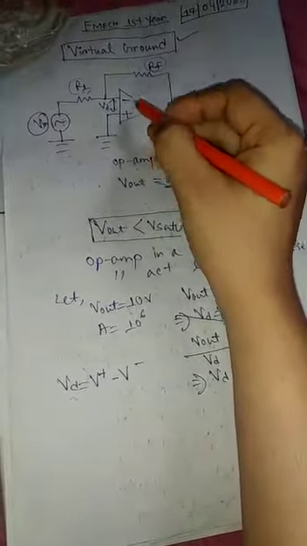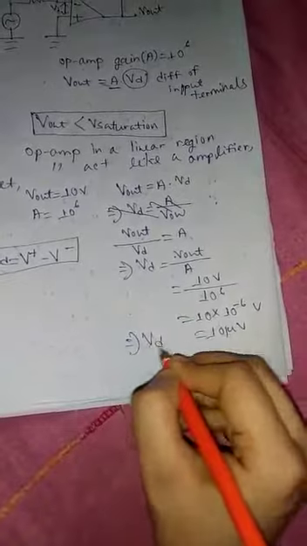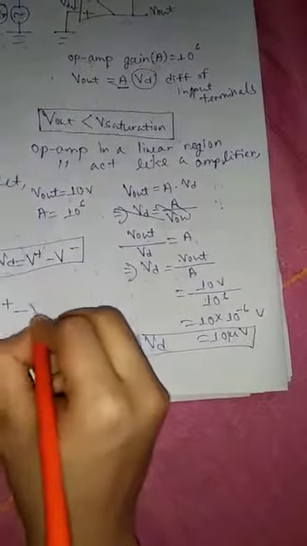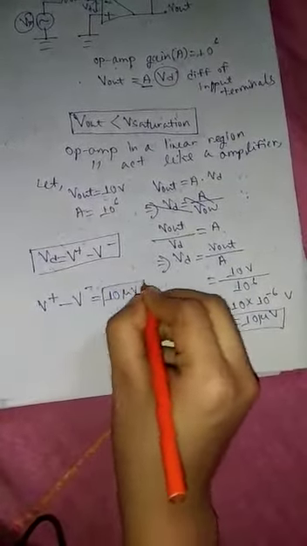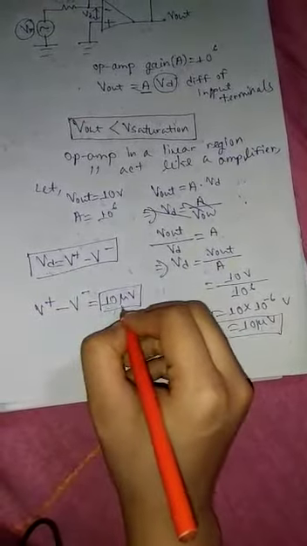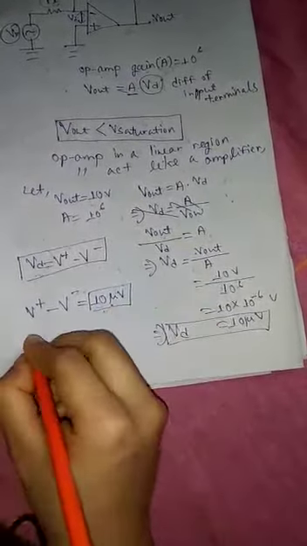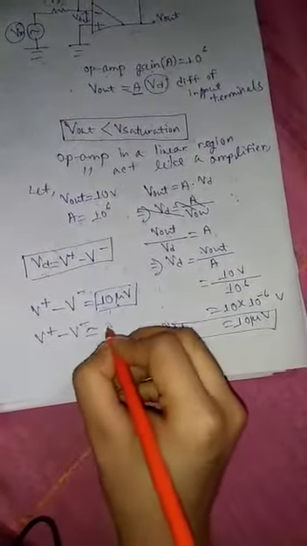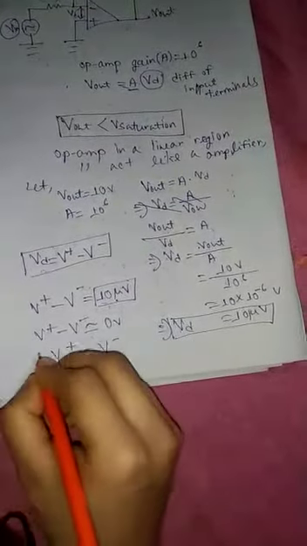Now Vd is equal to 10 microvolt, so V plus minus V minus is 10 microvolt. This is a very small signal and we can almost neglect it. So V plus minus V minus is approximately 0 volt, so V plus is equal to V minus.